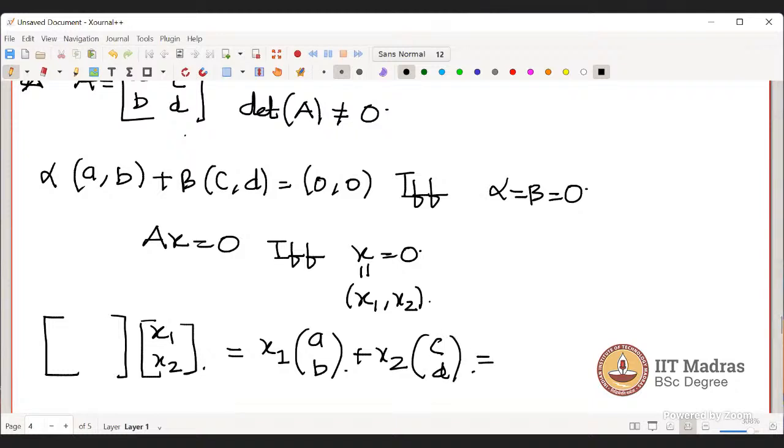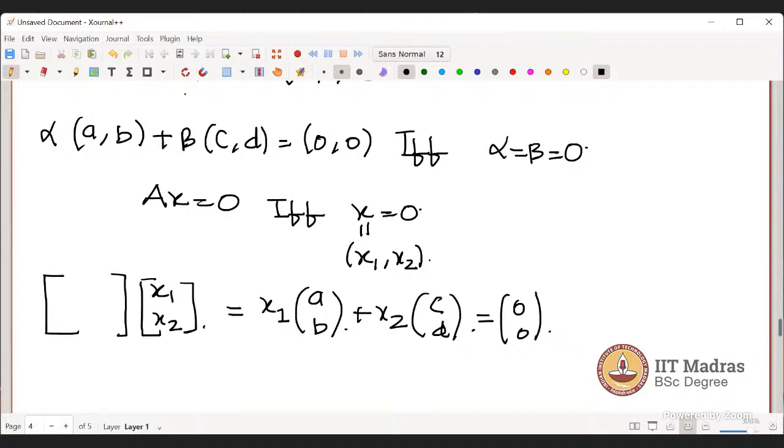So when will this give me 0? When X1 and X2 are 0. That is the only possible case where you can make this linear combination 0, because X1 and X2 is the solution of this matrix, and the only solution is 0, 0. That means this linear combination is 0 if and only if both scalars are 0.